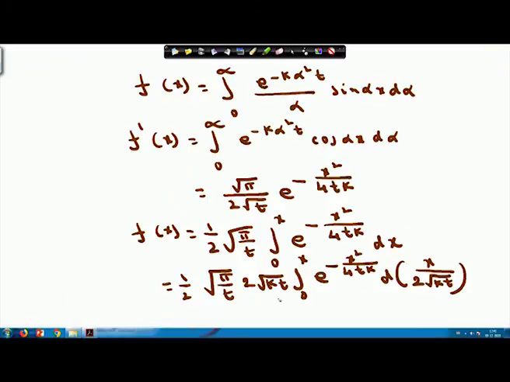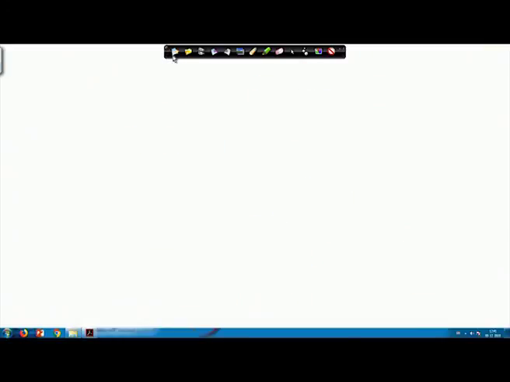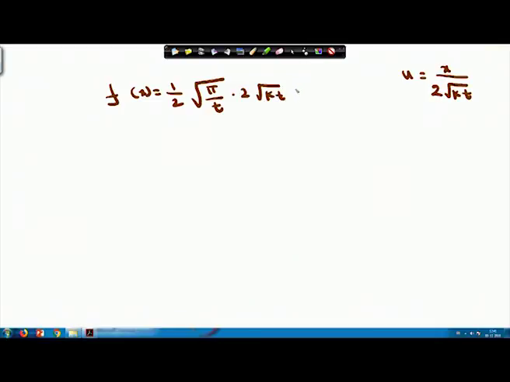So, once I am getting this integral, then on this if you put u equals x by 2 root k t, you will obtain your f x as half into root over pi by t into 2 root k t, integral 0 to x by 2 root k t of e power minus u square du.